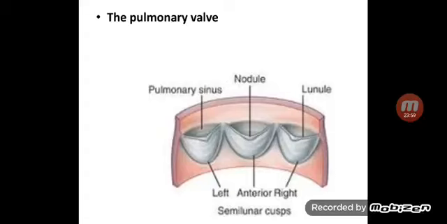Here, there is no chordae tendineae and no papillary muscle attached to this region. But in the wall of the pulmonary trunk, there are 3 dilatations that can be recognized from outside. These are named pulmonary sinuses. There are 3 sinuses.